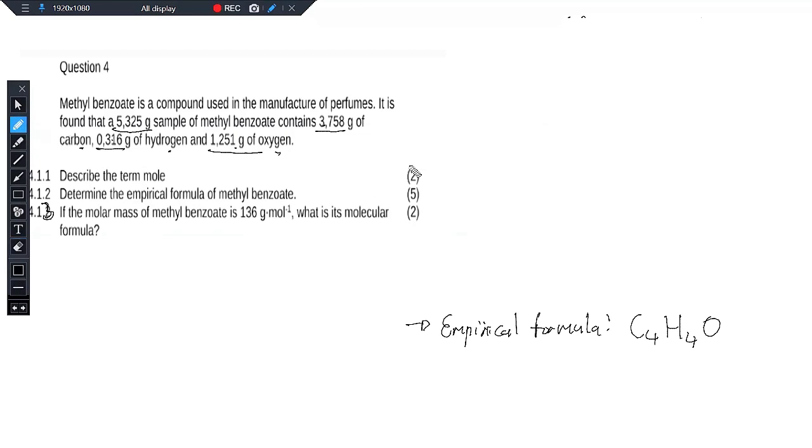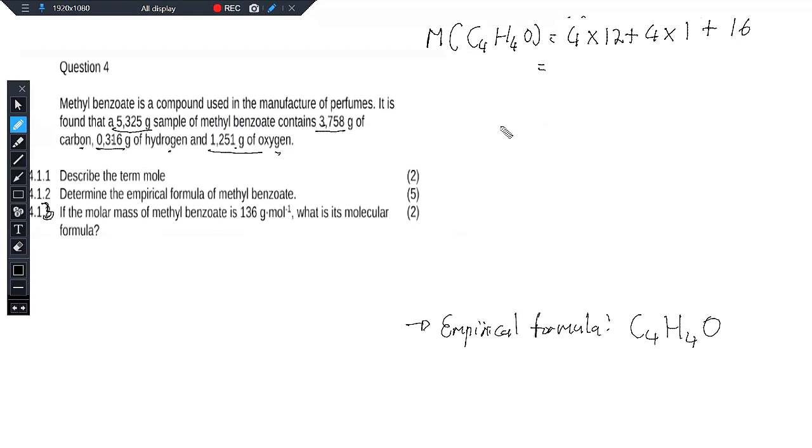So in order to determine the molecular formula, the first thing that we have to do is find the molar mass of the empirical formula. So we have 4 carbons, so that will make 4 multiplied by 12. And then we have 4 hydrogens, that will be 4 multiplied by 1. And then 1 oxygen, that is just 16.